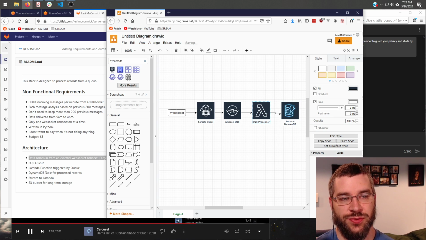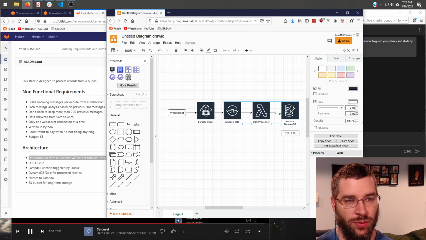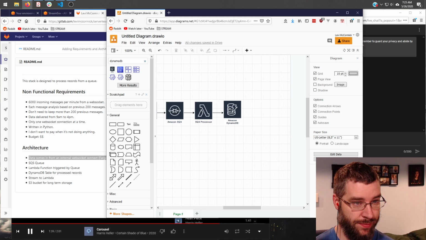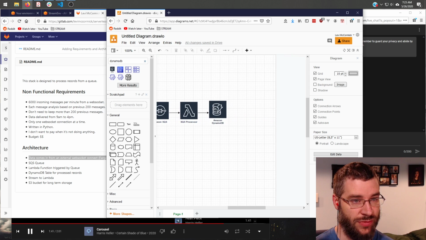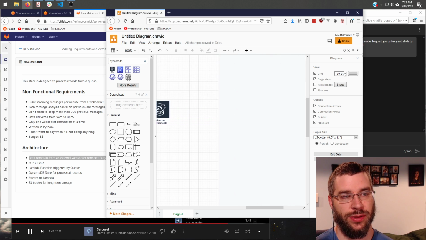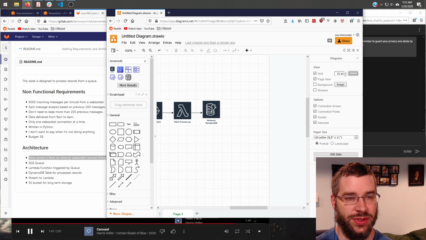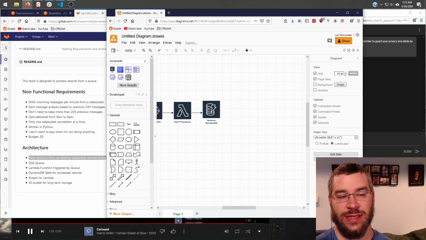So I'm just adding icons right now, but we'll add more things and lay it out in a bit. Again, run out of space here, and you can extend the diagram. Ooh, magic button, landscape.